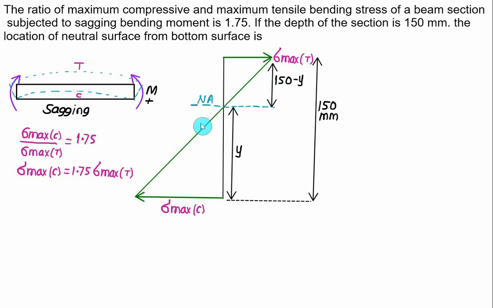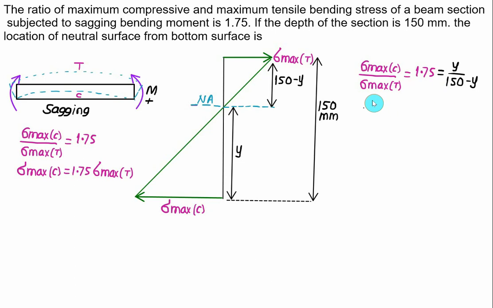Now the distribution is linear here, and we know the relation: sigma max compressive by sigma max tensile. The corresponding distances for the compressive is y and for the tensile is 150 minus y. So the maximum compressive will occur at distance y from the neutral axis. So this ratio is the same as y divided by 150 minus y, since the maximum tensile distance is 150 minus y. Now we have to solve this equation.